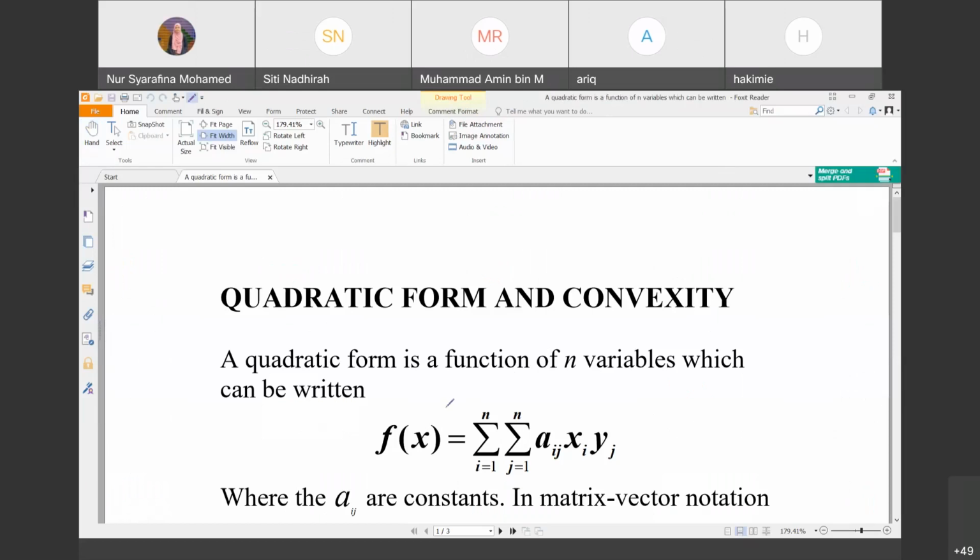All right, so today we're going to proceed with quadratic form and convexity. Last week we finished the introduction of optimization: what optimization is, the two types, unconstrained and constrained, and where we can apply optimization methods.